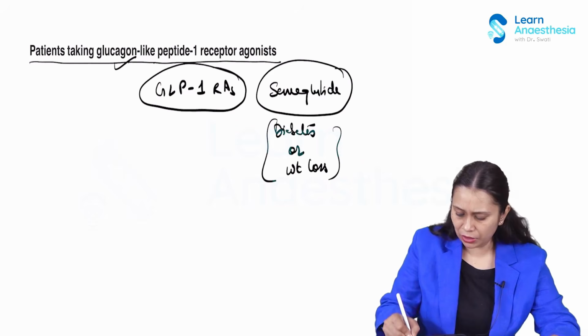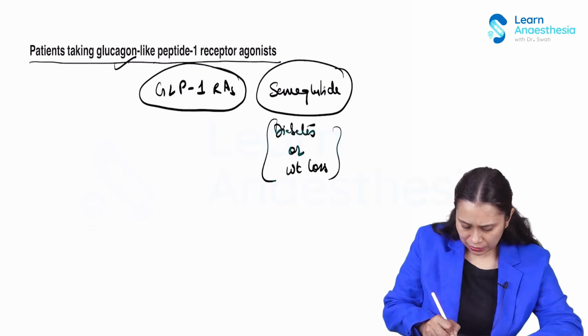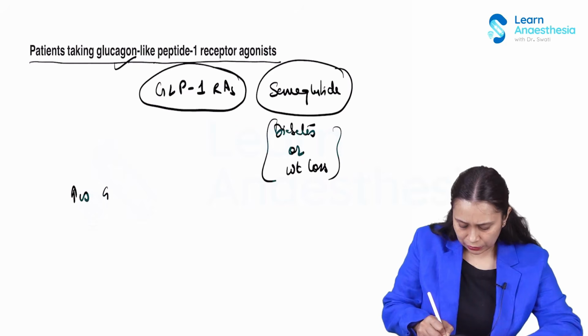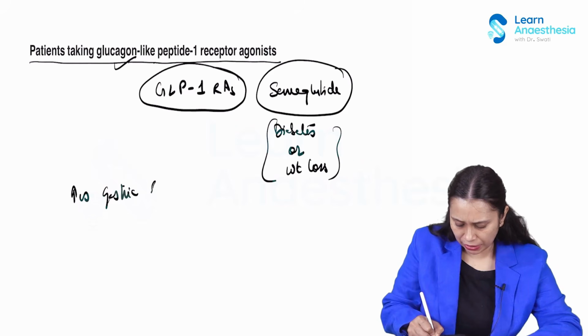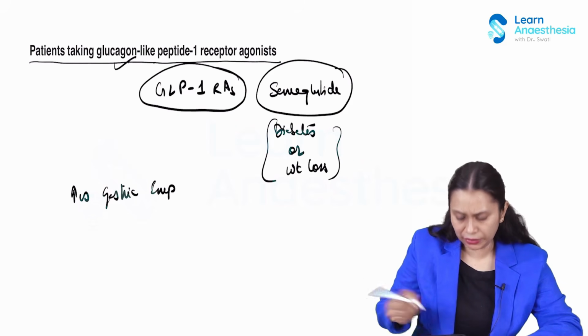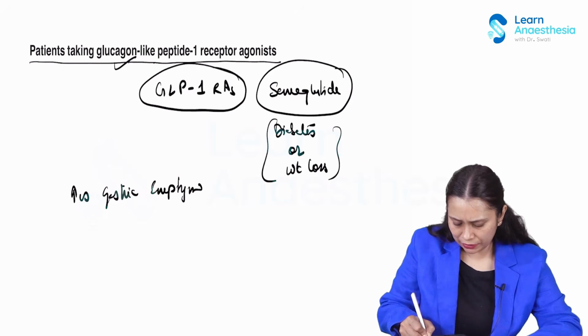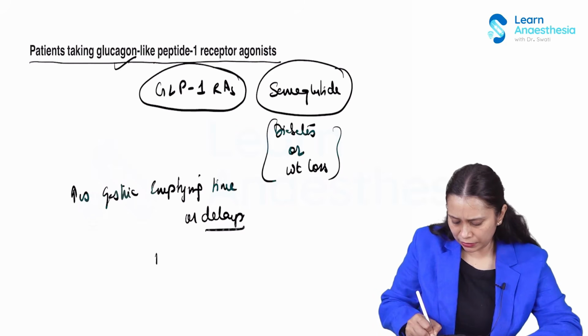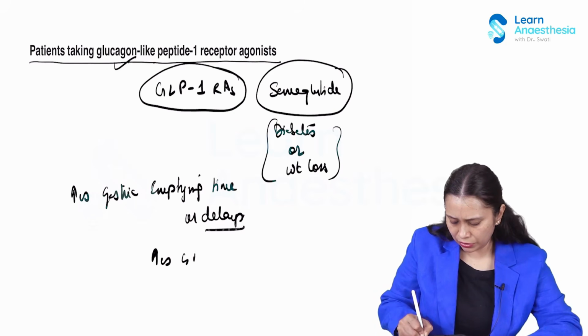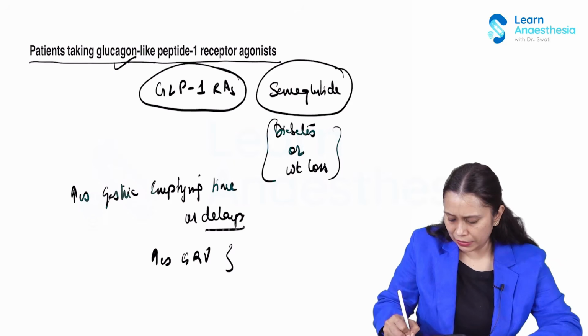So these drugs like semaglutide, etc., delay gastric emptying time, so they increase gastric residual volume. So there is increased risk of aspiration.